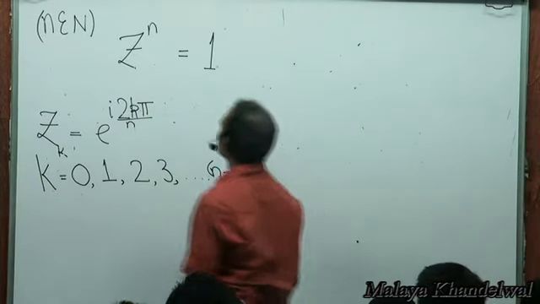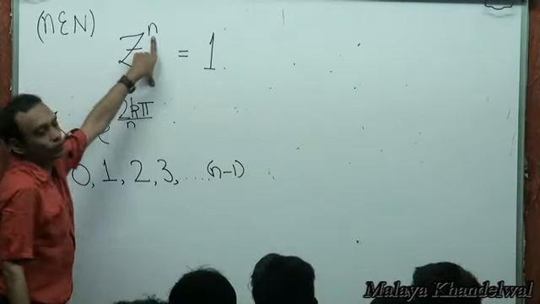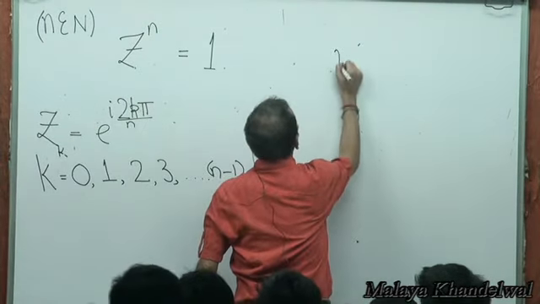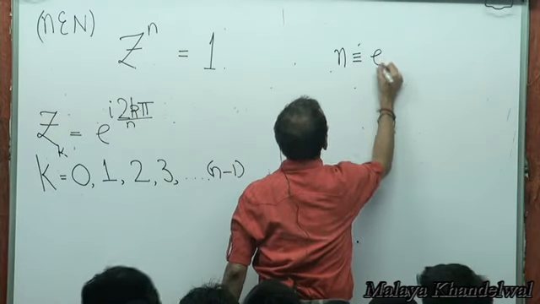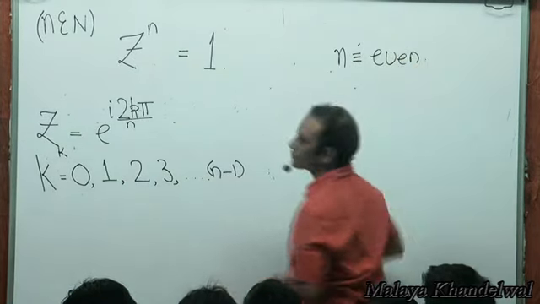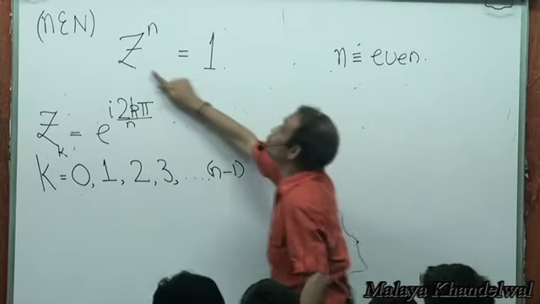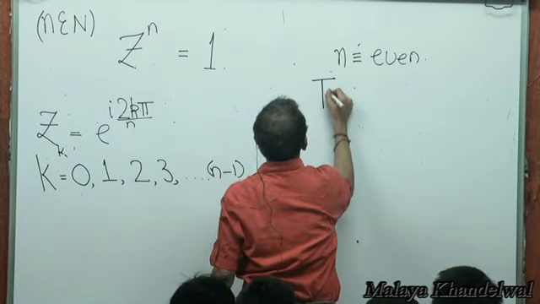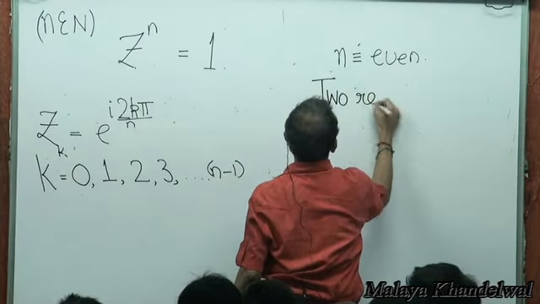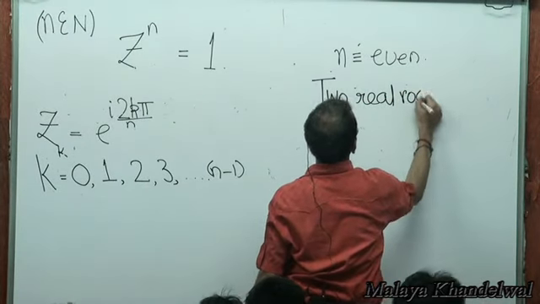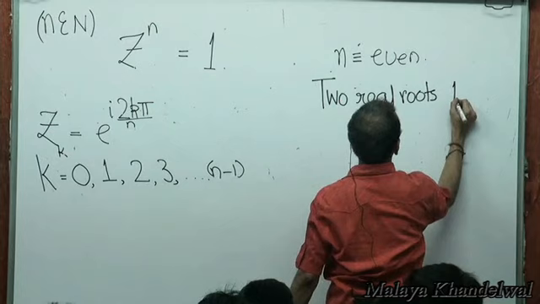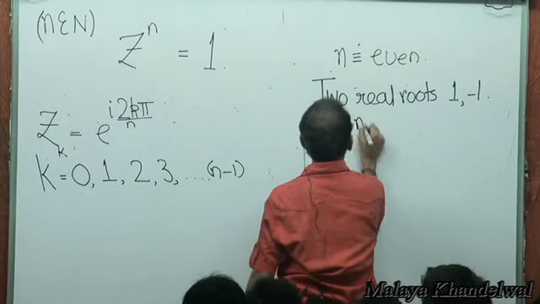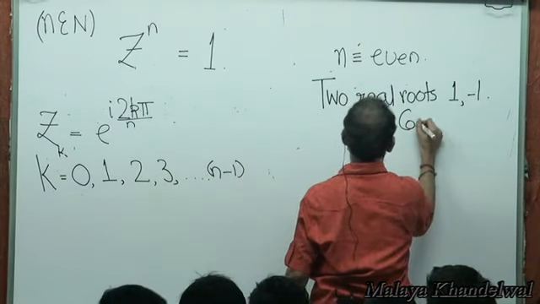Now, n could be even, n could be odd, right? Say n is even. Then there will be two real roots of this, plus 1 and minus 1, and n minus 2 complex roots.